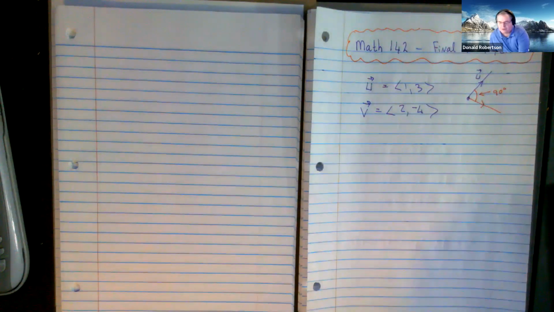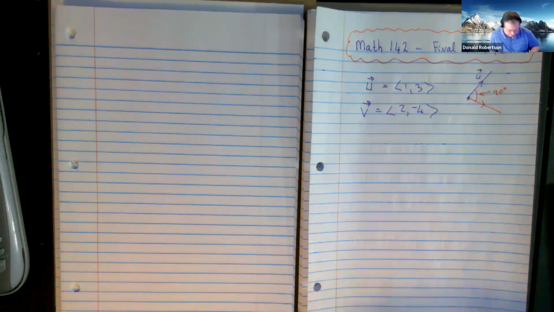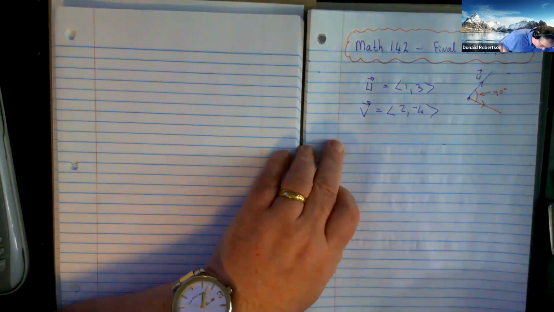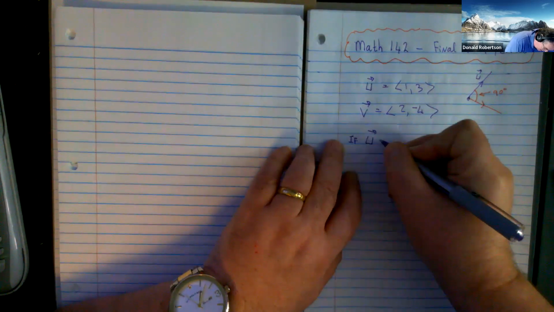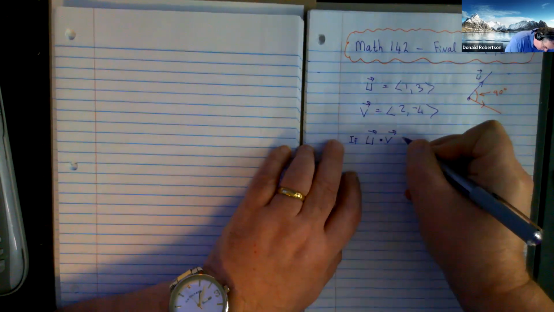The angle between them, if that angle is 90 degrees, then that means that the two vectors are orthogonal. So you could use the word, are the two vectors right angles? You could use that instead. And the test for it is very simple. If the dot product is 0, then they are orthogonal.